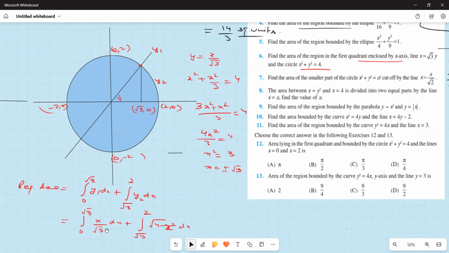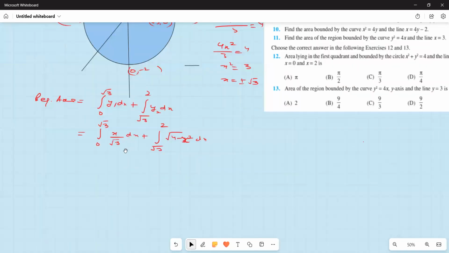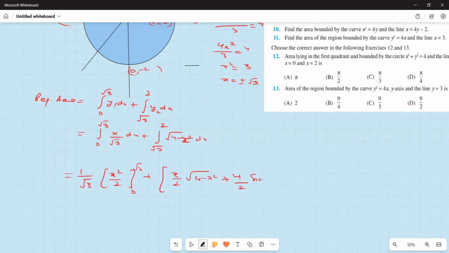So let us solve it. This is 1 by root 3 out. This is x square by 2, limit 0 to root 3. Plus, this is x by 2 root of a square minus x square plus a square by 2 sine inverse x by a. Limits are root 3 to 2.